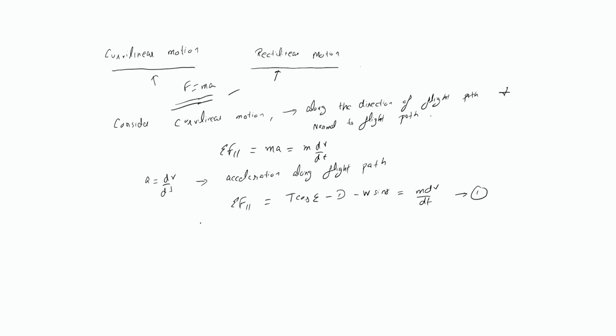Now applying Newton's law perpendicular to the flight path. The summation of forces perpendicular to the flight path equals mass into acceleration. Here the acceleration will be v square upon r, the acceleration normal to the curved path with radius of curvature, say r.